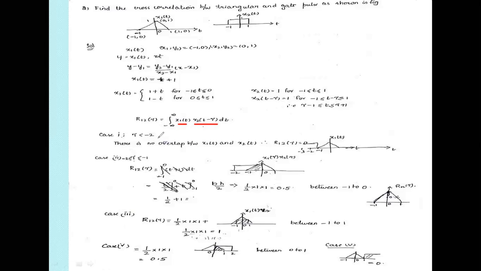Okay, my dear students. Now at tau equal to -2, there is no overlapping of these two signals. Means x2 of t is only the delayed function. The fixed one we can take as x1 of t, and it is delayed at tau less than -2. It varies from -2 to -1 only.